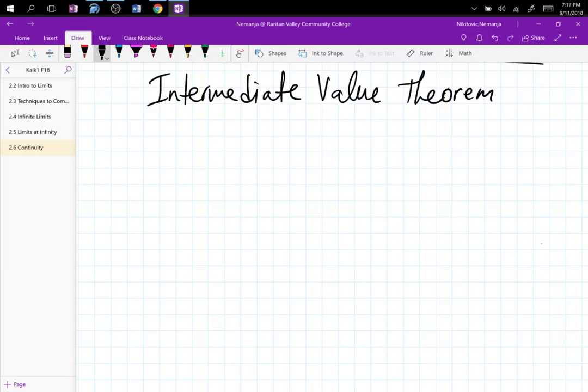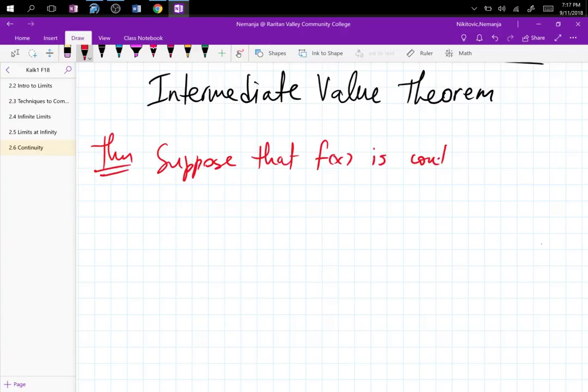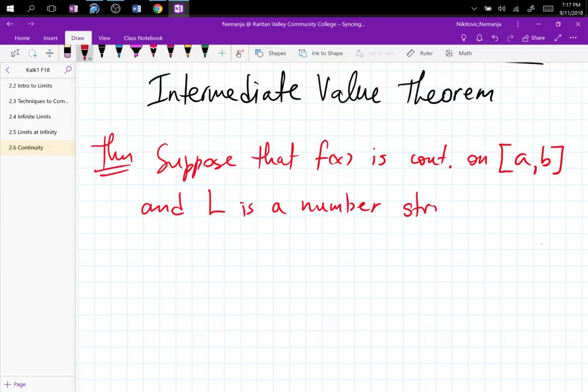So it says, suppose that f of x is continuous on interval [a, b], which is a closed interval, which means it includes the endpoints, and L is a number strictly between f of a and f of b.